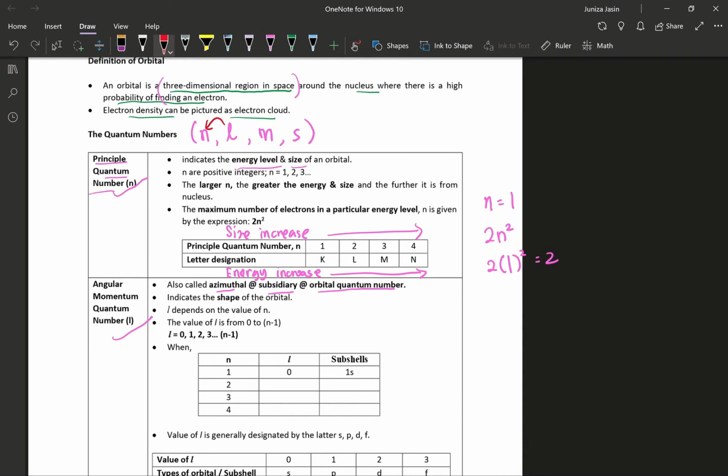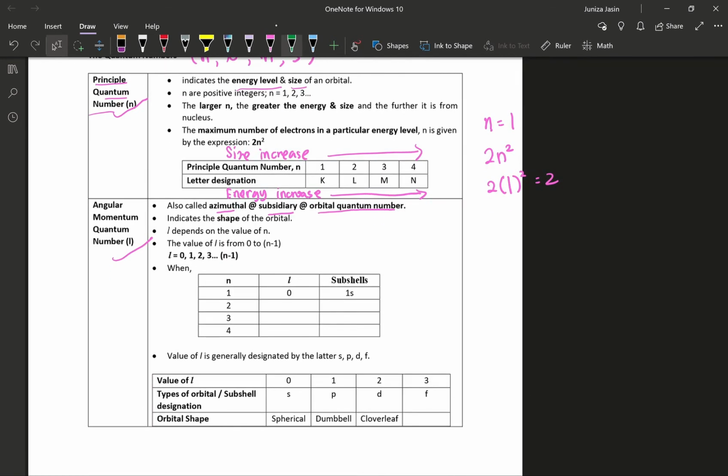So value of L depend kepada N. Okay, so cara nak determine value of L adalah the value of L start from 0 until N minus 1. So, for example, your N, let's say lah, equal to 1. So, N equal to 1. So, L kamu start from 0 sampai N minus 1. Tapi disebabkan N kita 1 tolak 1, kosong. That means N equal to 1, L equal to 0. Tapi kalau macam bawah ni, N equal to 2, L kita equal to 0 and 1.